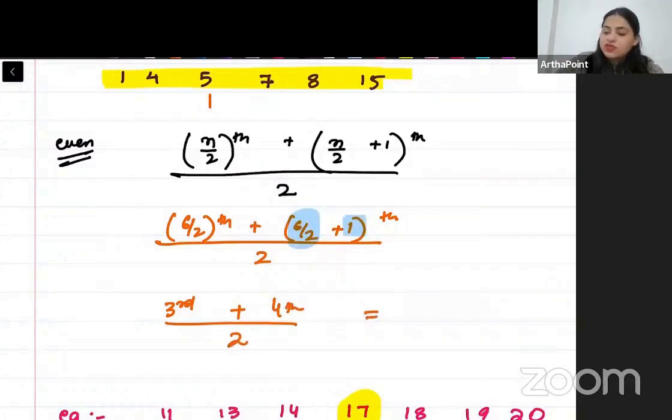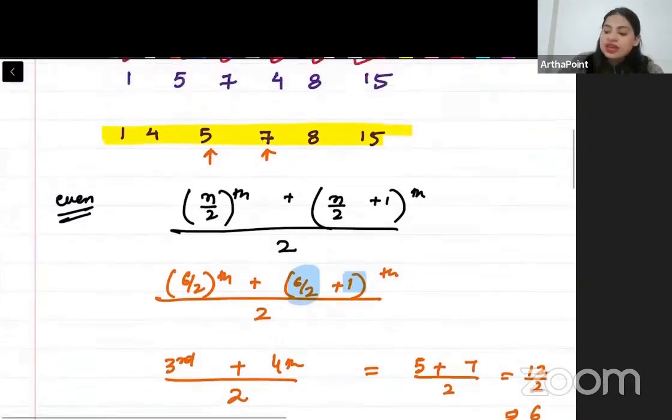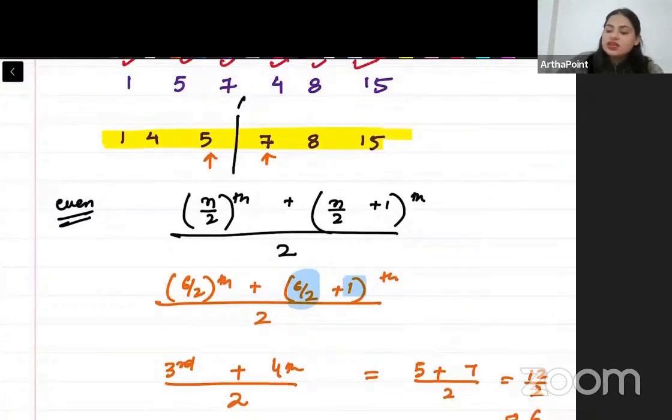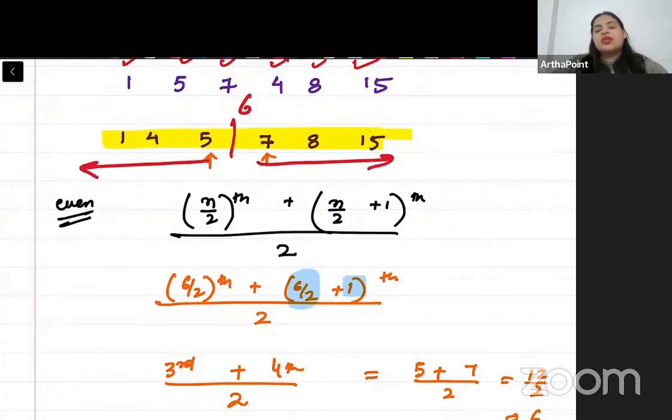So my third observation is 5. My fourth observation is 7, divided by 2. So 12 by 2, that means 6. So median of this data set is 6, right? So median is any number that divides your data set in exactly 2 parts. So if I place a 6 here, then 3 numbers will come here and 3 here. That will be the median of my data set.